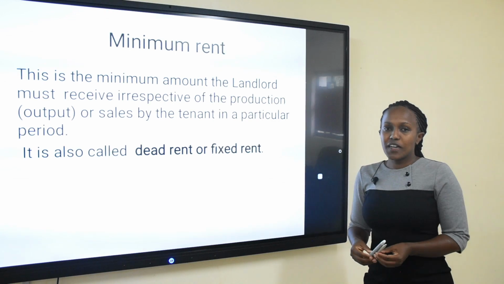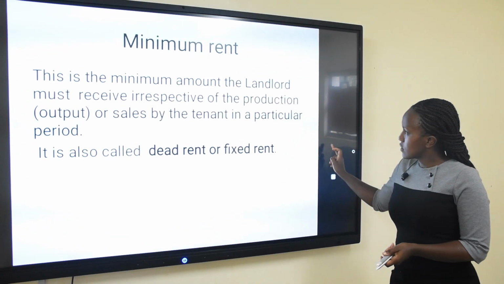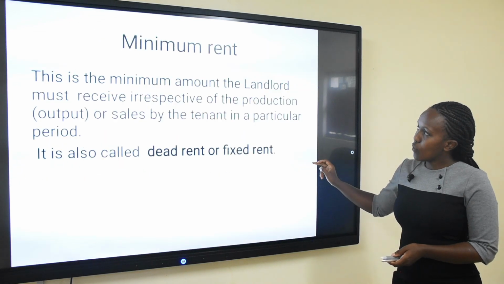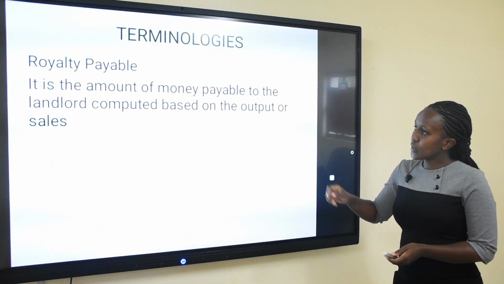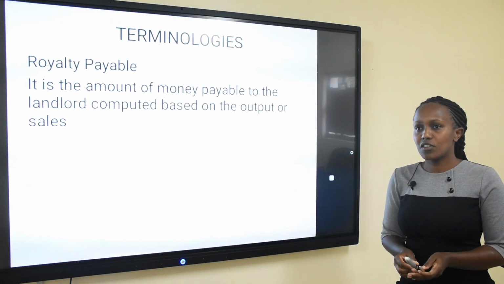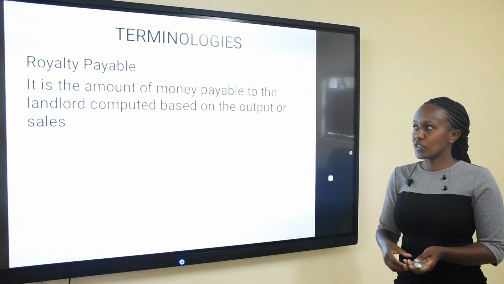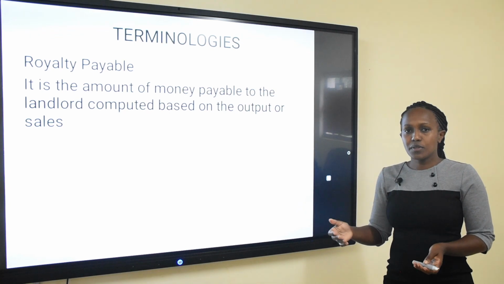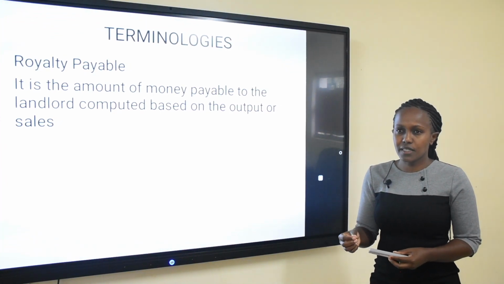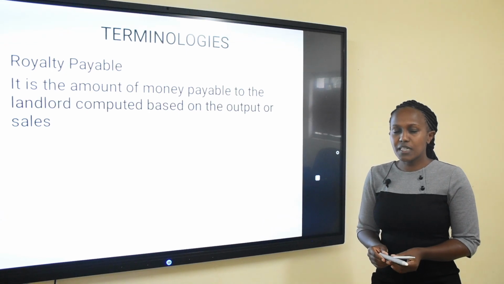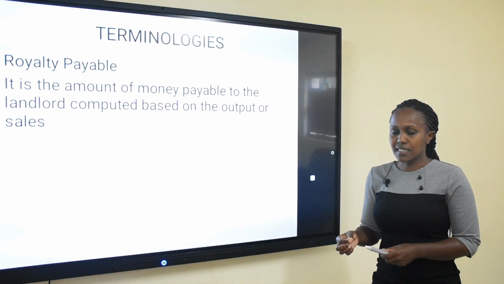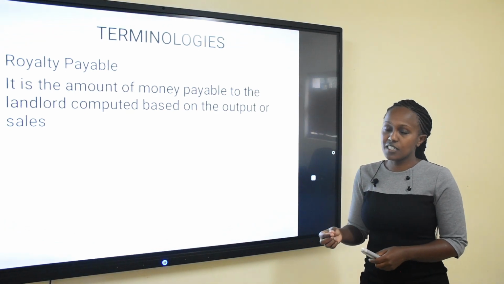So we have to define some terminologies that are used in accounting for royalties. One of them, we can start with royalties payable. So basically, royalty payable is computed based on the output. For example, if per ton of minerals, the landlord is supposed to receive maybe 100 shillings, let's say 100 shillings per ton of minerals that is mined.